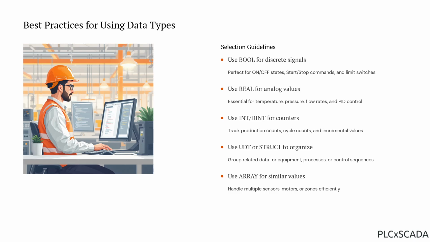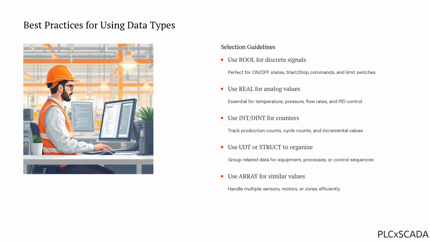Basically, we can use BOOL for discrete signals like on-off state, start-stop command or limit switch. Real for analog values like temperature, conductivity, pressure, flow and PID control. We can use integer and double integer for counters.